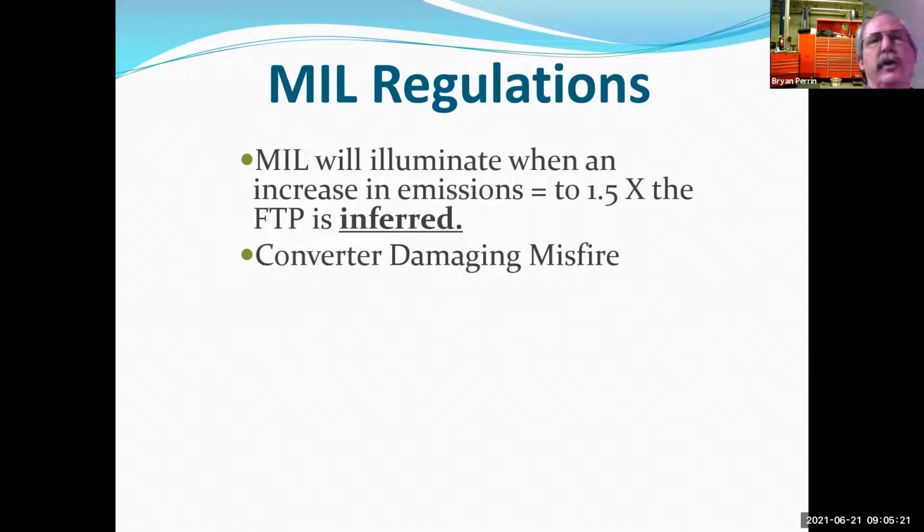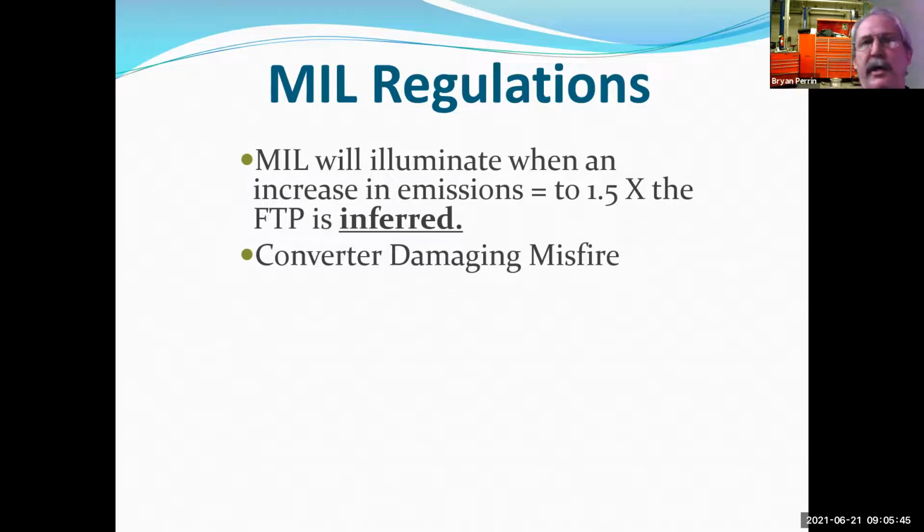And that is why the check engine light, instead of being on, will start flashing. If the check engine light is flashing, you should not drive the vehicle. Now, that being said, sometimes if you put your foot in it, it's flashing. If you let your foot off, it'll stop flashing and go back to solid. If you can get it back to solid, then you can baby it to wherever you need to go.